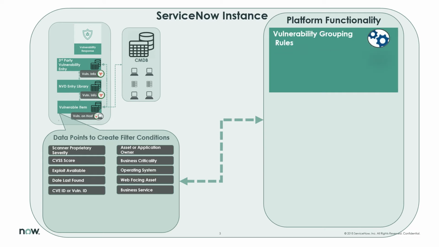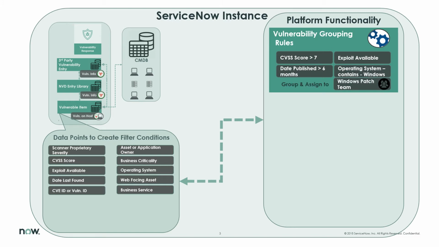Or another option is to use all vulnerabilities with a CVSS score greater than 7 with an exploit available and a date published greater than 6 months, and on an operating system that contains Windows, so any Windows operating system, and we're going to group and assign those out to the Windows patch team.